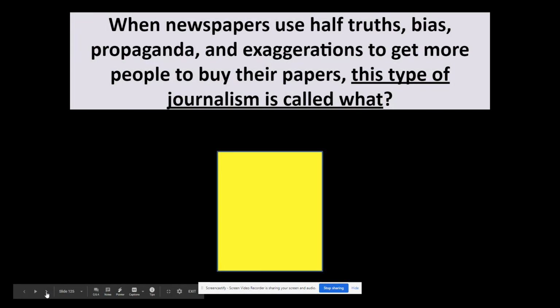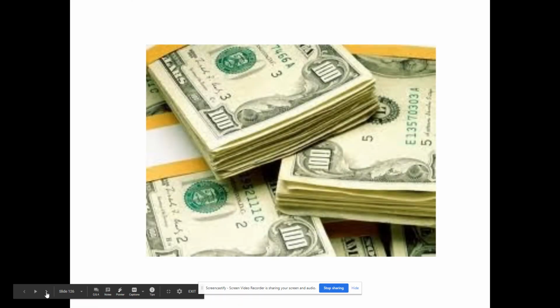Now, when newspapers use half-truths, bias, propaganda, and exaggerations to get people to buy their papers, this is a type of journalism called yellow journalism. Now, what newspapers are supposed to do is search for the truth, protect the people, and expose people that are trying to harm the people. However, during a time of yellow journalism, a newspaper has these huge pictures where they're utilizing flashy colors and flashy headlines to get Americans to buy the papers.